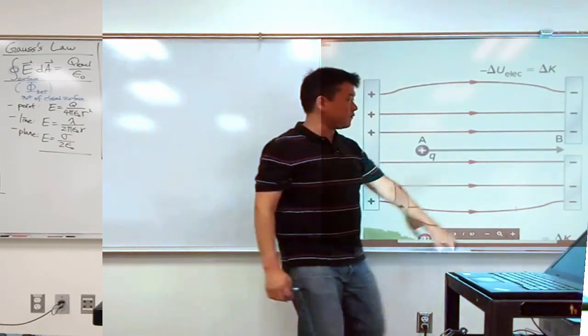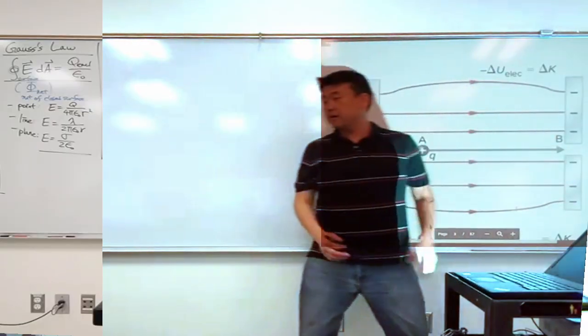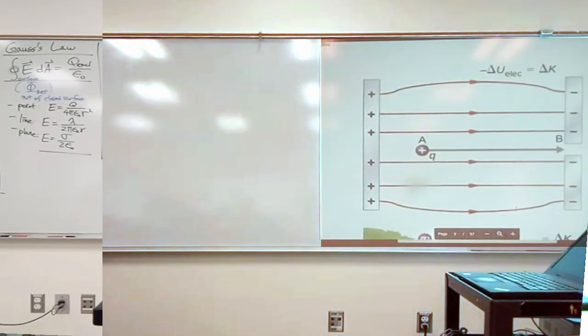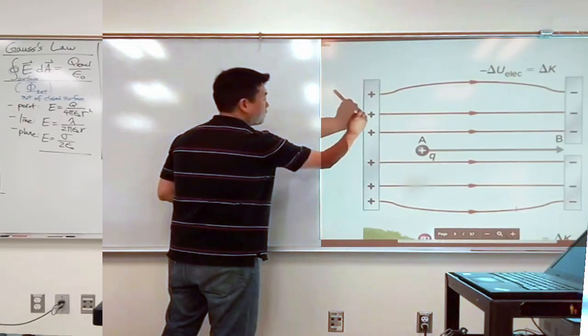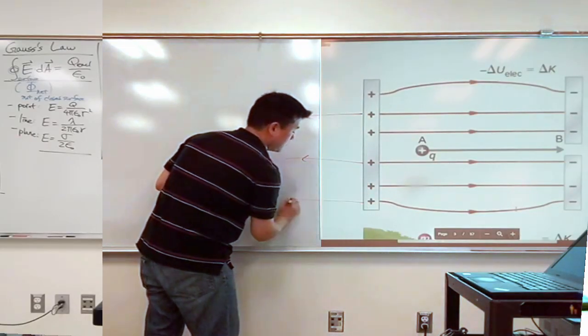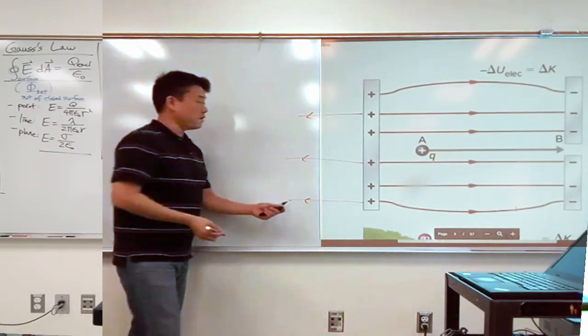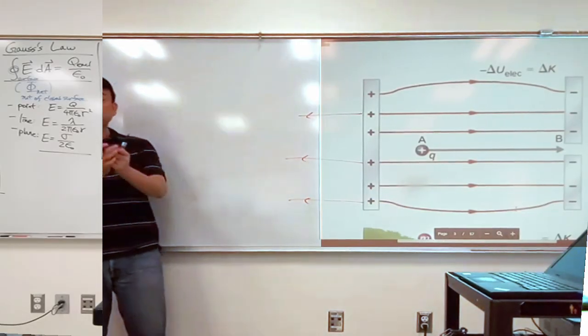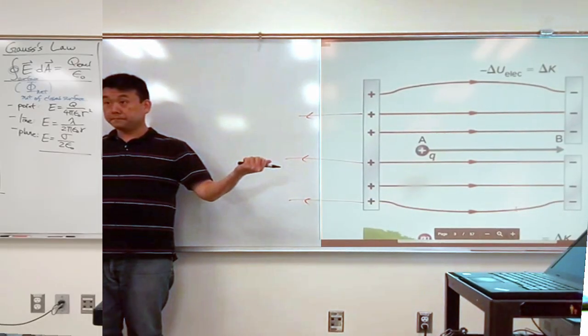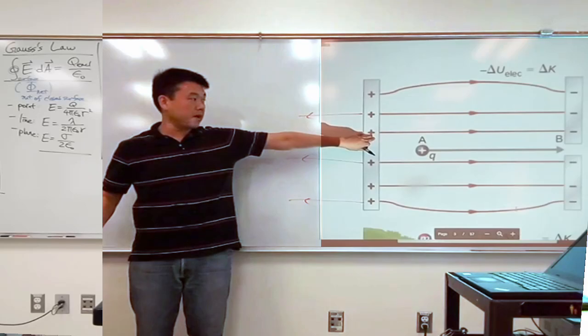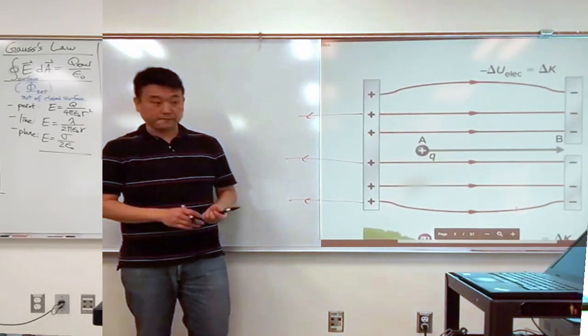Now, if you didn't have this other plane over here, you would have electric field lines pointing to the left as well, right? Infinite plane, you have electric fields pointing away from it. Okay, so that's the positive plate. Let's think about the negative plate.